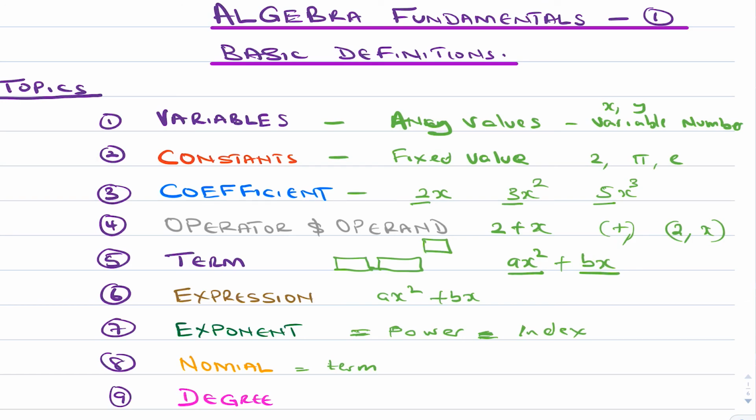If I have 1 term, that will be monomial. If I have 2 terms, that would be binomial.